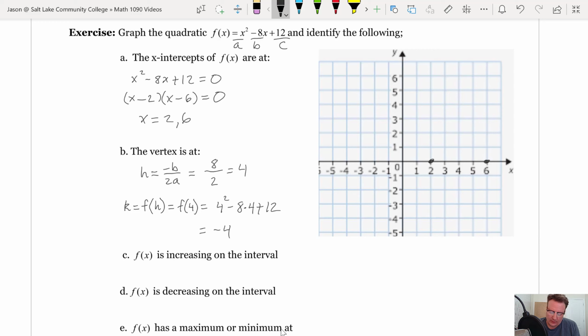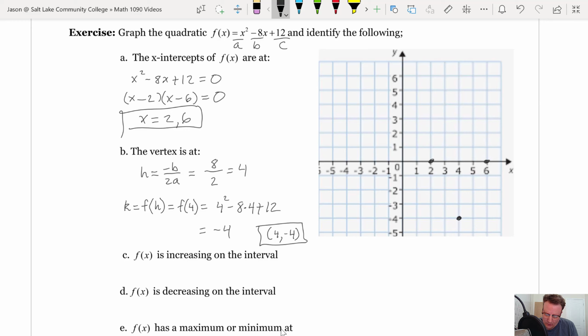Okay, so the vertex is at the point (4, -4). So (4, -4), that would be this point here on the graph.